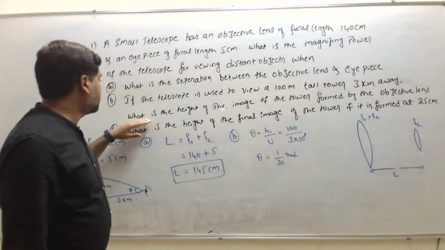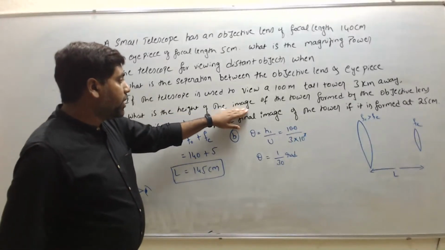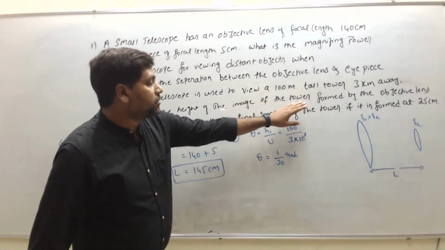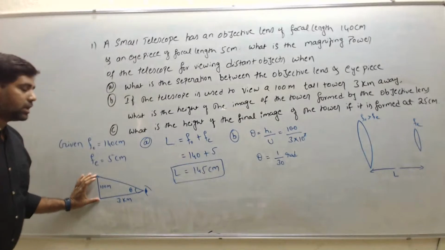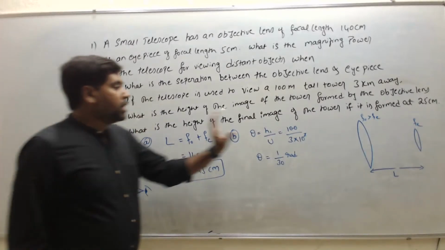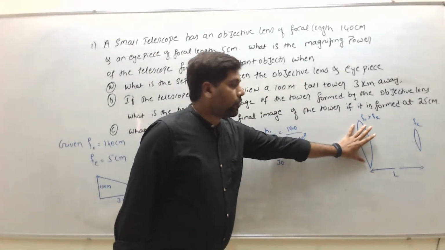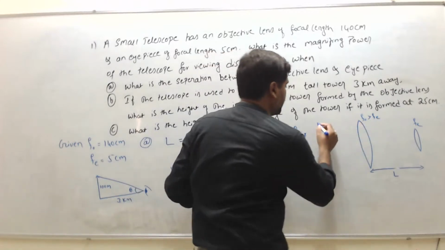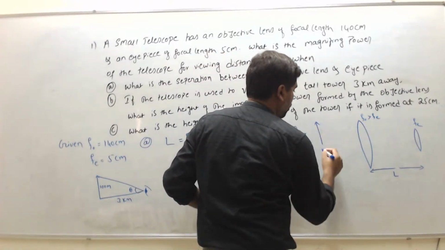Next, what is the height of the image of the tower seen through the objective? Here is the object.